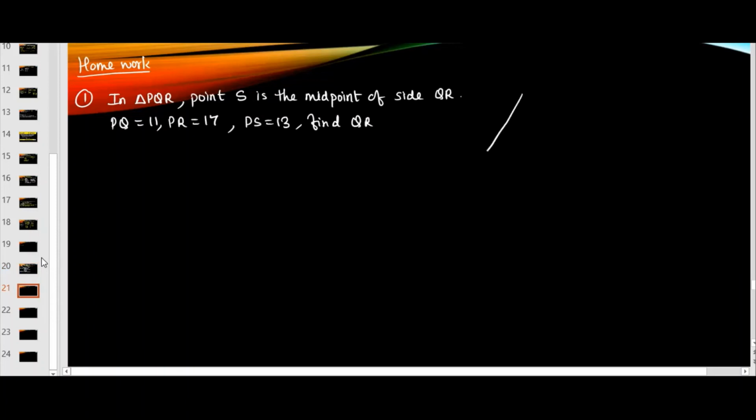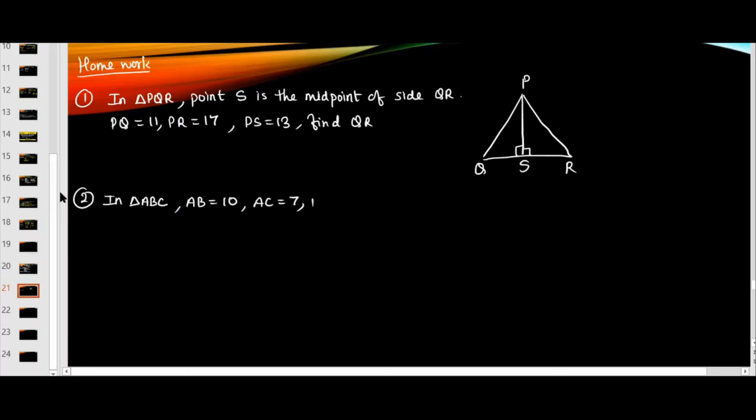The diagram, roughly I am drawing here. This is P, this is Q, and this is R. This is S. Second question: in triangle ABC, AB is equal to 10, AC is equal to 7, BC is equal to 9.